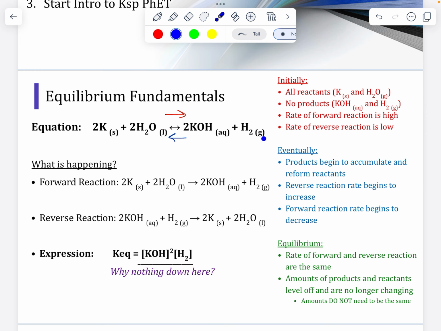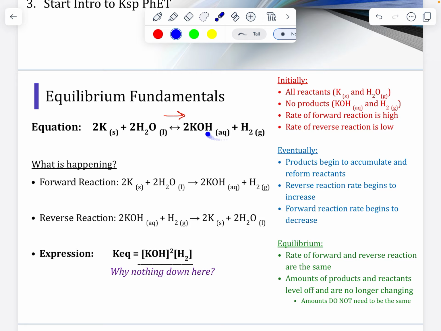So if we have a reversible reaction, initially we only have reactants, we don't have any products yet. And that means the rate of our forward reaction is high. The forward reaction is kind of that normal reaction where we read it left to right.